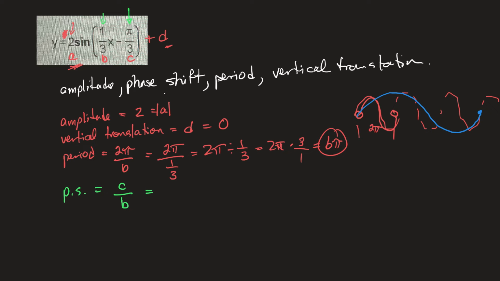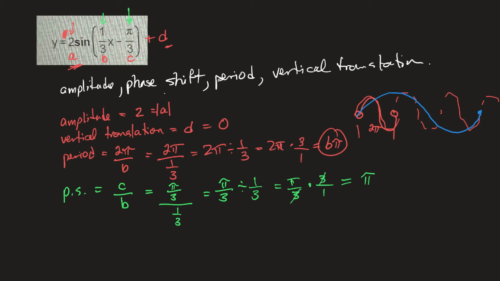So C in this case is pi/3, divided by B, which is 1/3. So pi/3 divided by 1/3. So let's invert and multiply. So the 3's will cancel out.